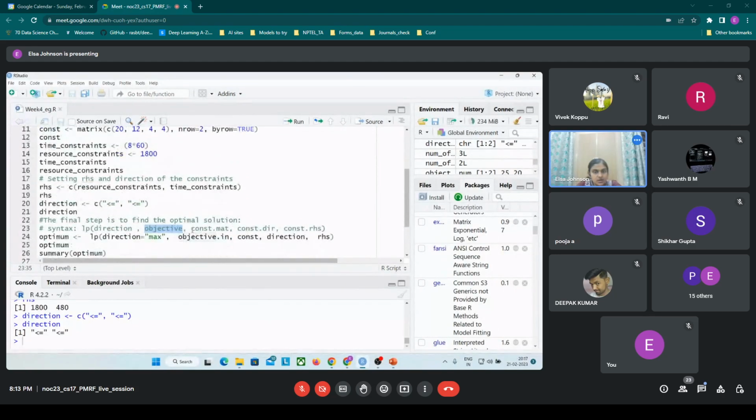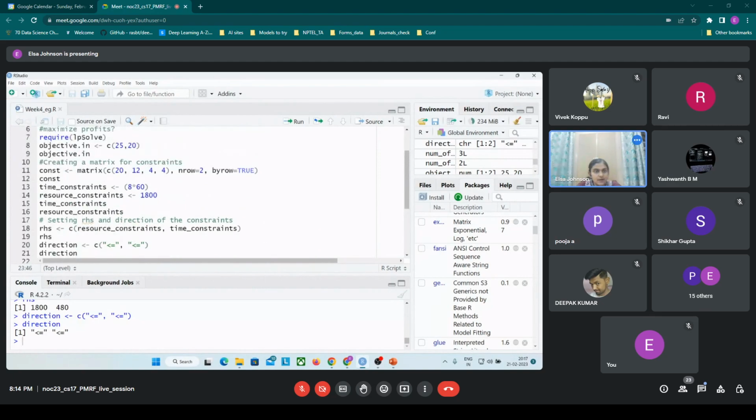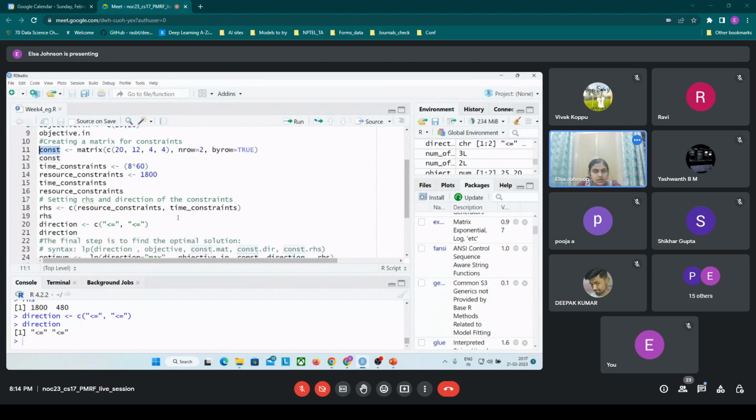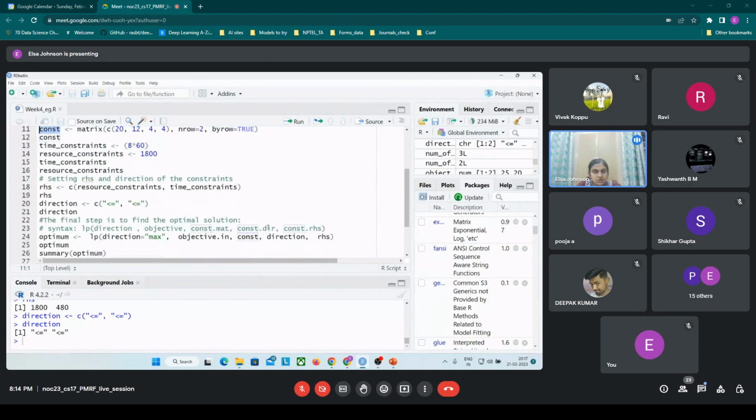Then constant.mat, meaning your matrix, which you have stored as constant. Next is constant.dir, which you have stored in direction. And next constant.rhs, which you have stored in RHS itself.